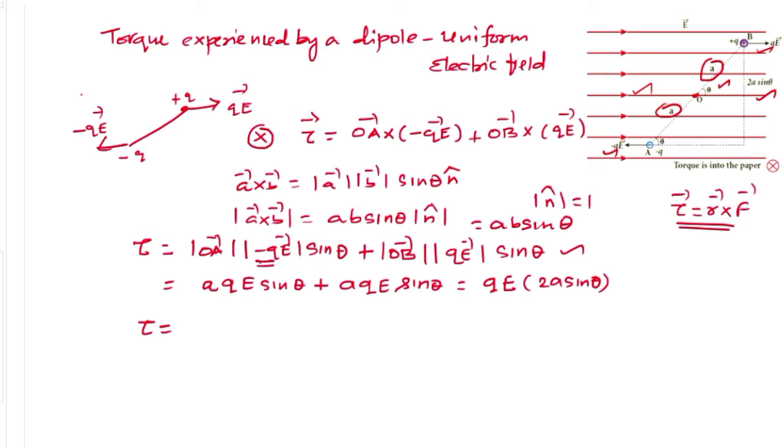Therefore the torque tau becomes, you know very well the dipole moment is q into 2a, so you can write it as p E sin theta. This step will not be in your textbook. This is the magnitude of the torque. Therefore it can be represented in vector form: tau vector is equal to p vector cross E, that's it.